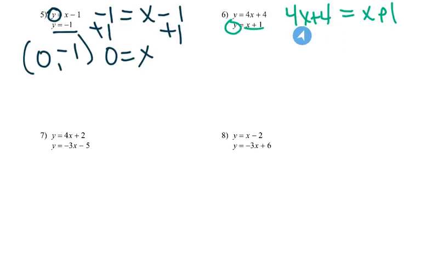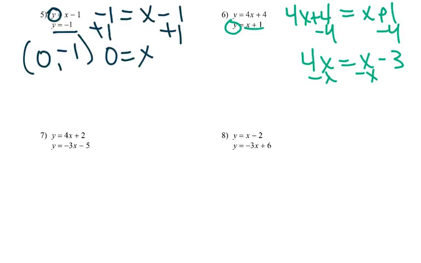Now I'm down to one variable, so I can solve. So I subtract 4. So I get 4x equals x, 1 minus 4 is -3. I subtract x. 4x minus x would give me 3x equals -3. Divide by 3, and x equals -1.